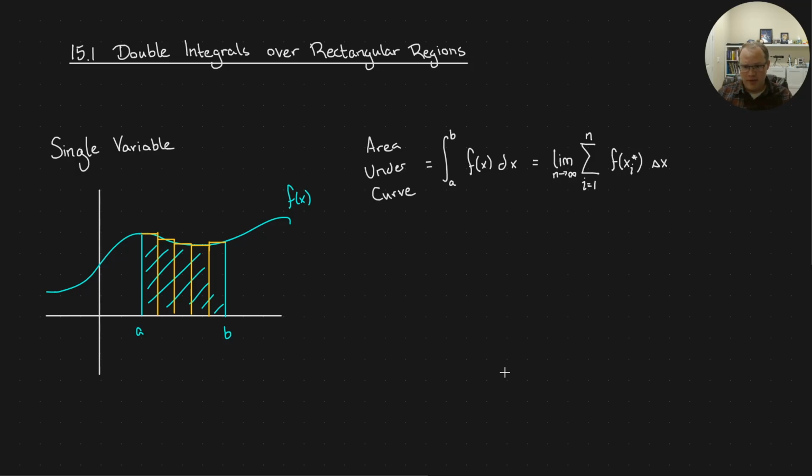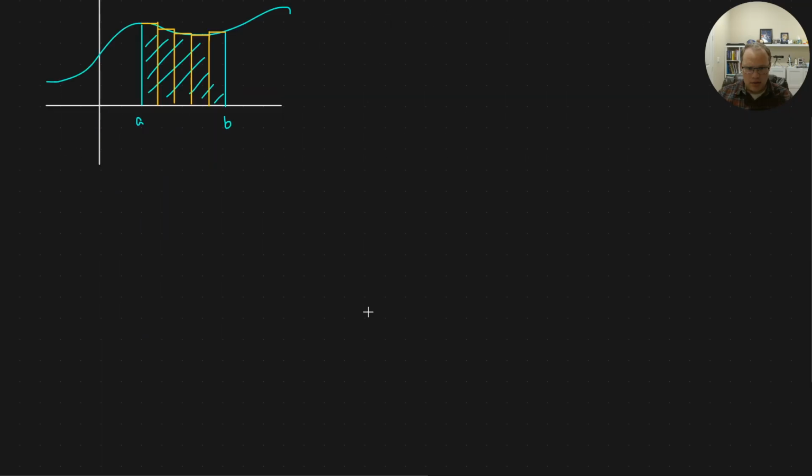Let's look at the multivariable case now. All right? And before I get to the picture here, let's describe what we're dealing with. So multivariable case. Okay, so let's limit ourselves to a function of two variables.